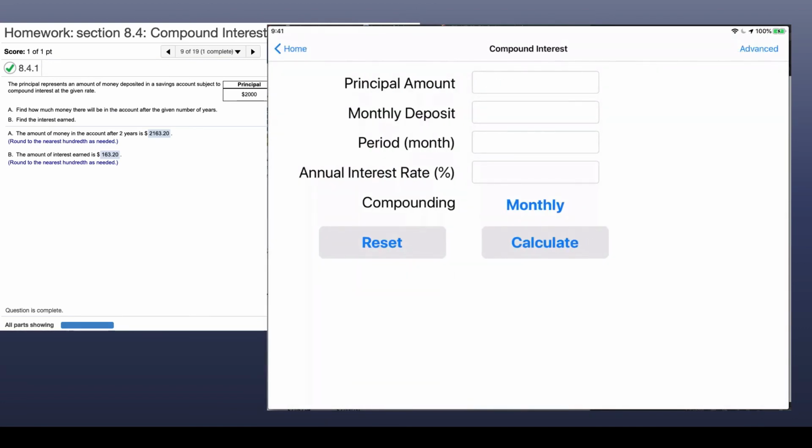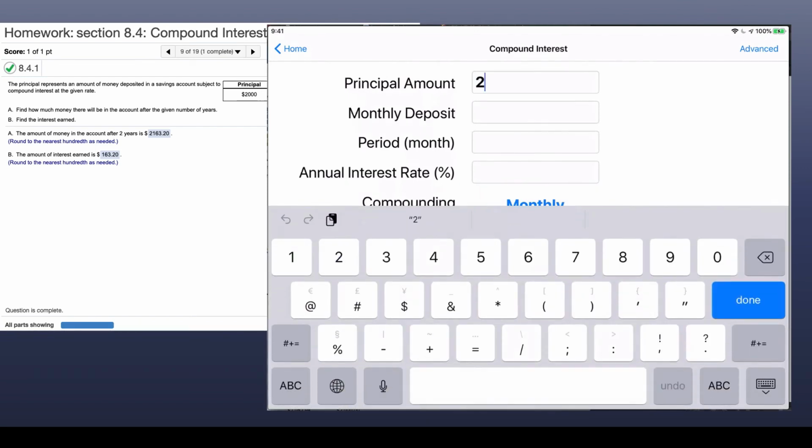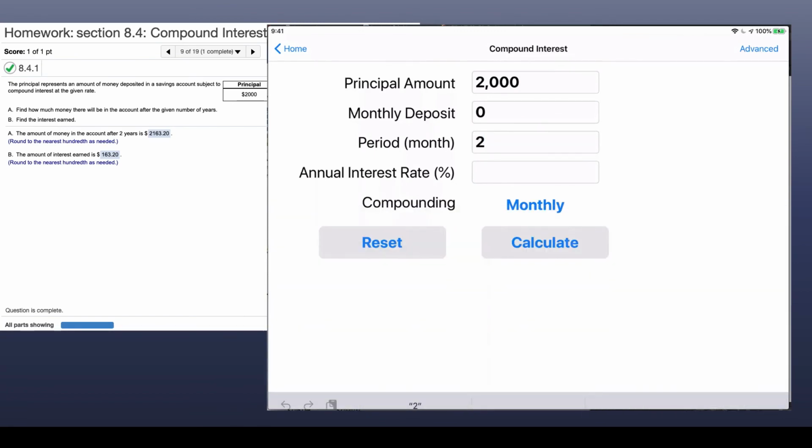Principal amount. So principal is your starting amount. So again, $2,000. No monthly deposits. Number of periods. Let's see here. I think now that says months. I think we're going to only do 2 because there's only 2 periods.